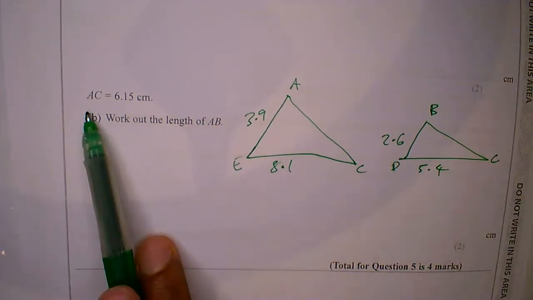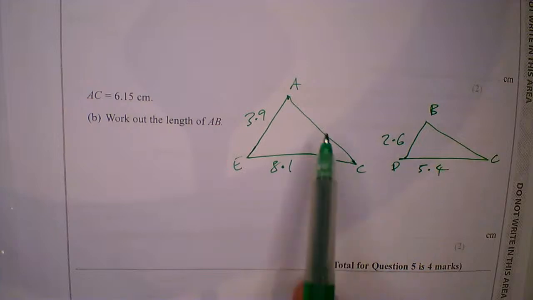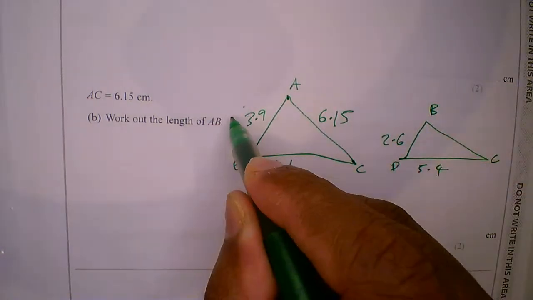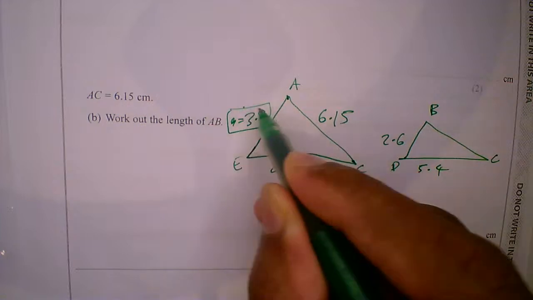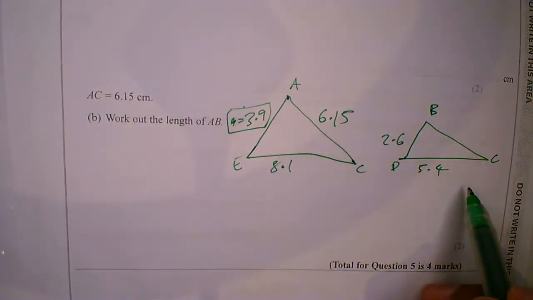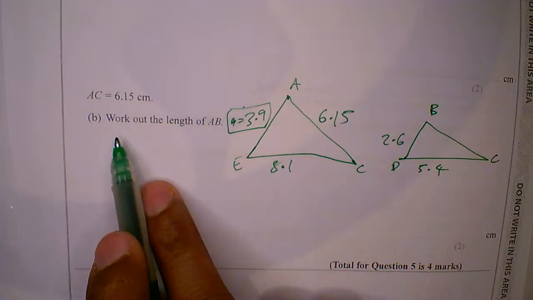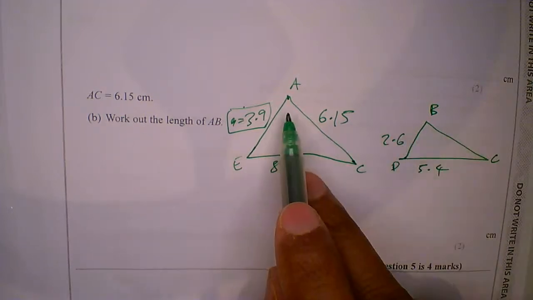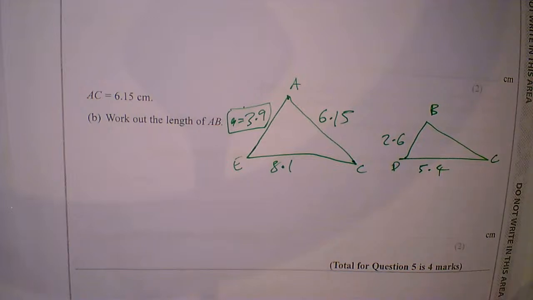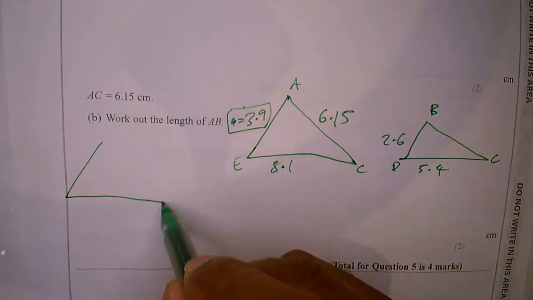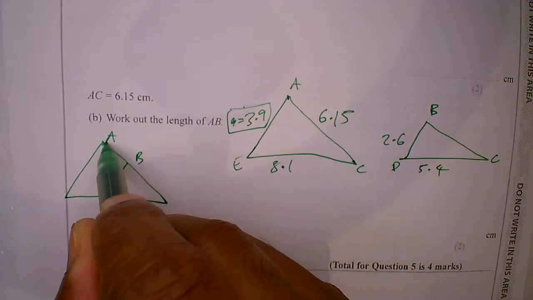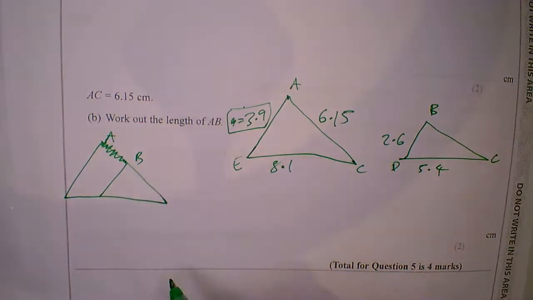Okay, part B: AC, so A to C, this bit here, is 6.15. You don't need to redraw this. Work out the length of AB. If I draw the sketch out here, this is A, this is B. We are working out that little bit.